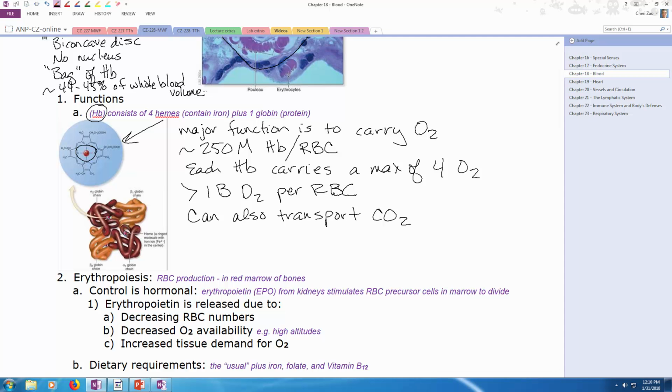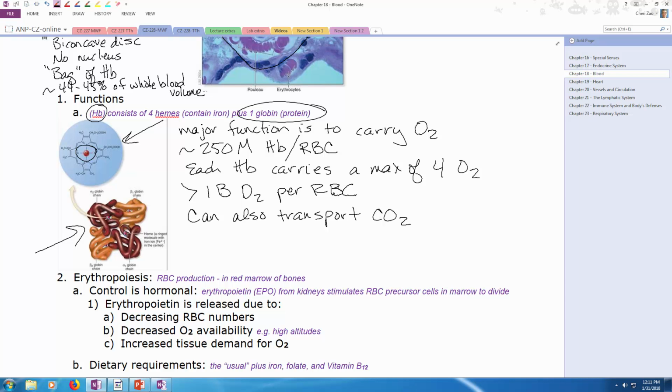Then we have the globin, which is a protein. You guys remember we had fibrous proteins and globular proteins. Fibrous were structure, globular was for function, and that's what we have here, a globular protein or a globin. And let me ask you, the picture of that globin there, is that a primary, secondary, tertiary, or quaternary structure? Quaternary. Because we know quaternary depends upon all the previous ones too.